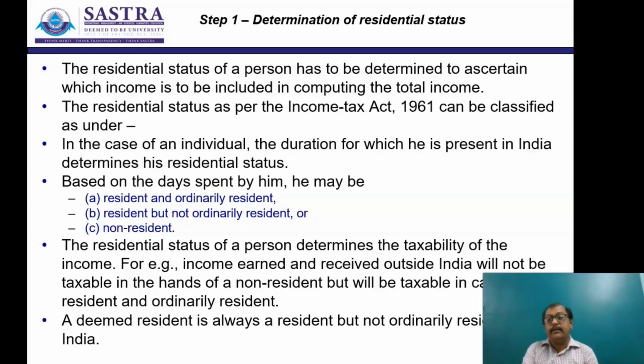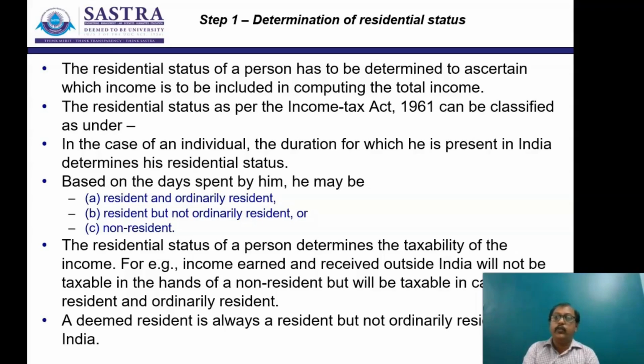The residential status as per the Income Tax Act 1961 can be classified into 3 actually. In the case of an individual, the duration for which he is present in India is going to determine the residential status.